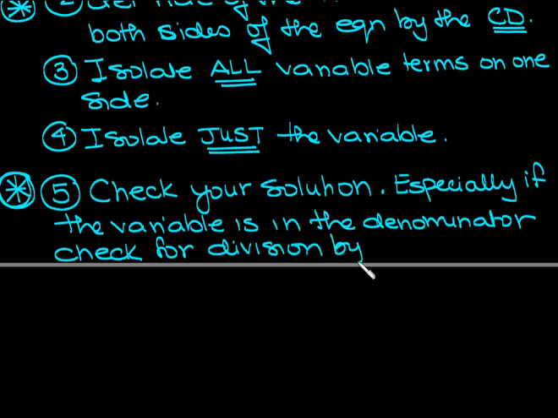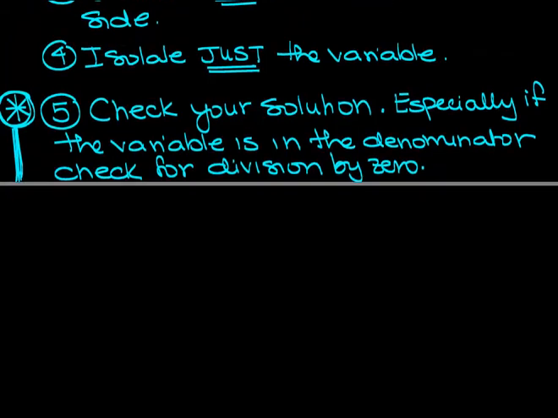One of the rules in math is we can never divide by 0. So if the variable is in the denominator, then for some value of the variable that denominator can be 0, and then you'd end up dividing by 0. We always want to avoid that. I really do want you to check your solutions. I will do that for the first few problems in the video, but just for the sake of time, I won't check them for every problem. So you do need to take a few minutes and check the solutions.